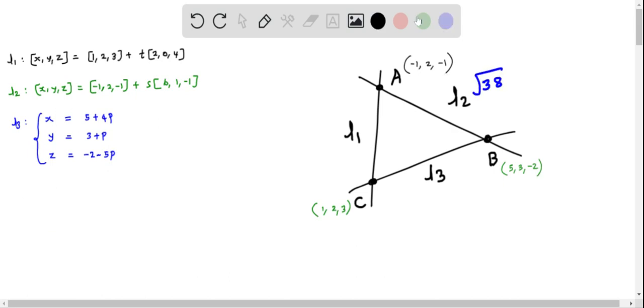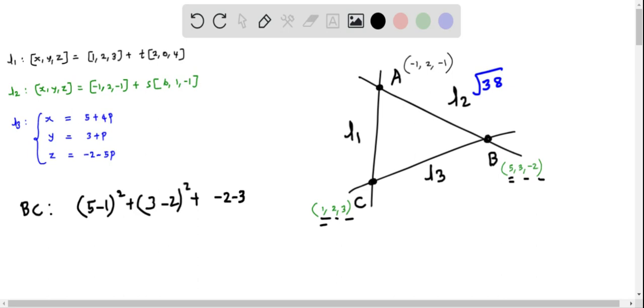Now let's determine the side length BC. Here BC equals under the root of x2 minus x1. I consider B as x2, y2, z2, and C as x1, y1, z1. So it is 5 minus 1 quantity square plus 3 minus 2 quantity square plus negative 2 minus 3 quantity square, under the root.